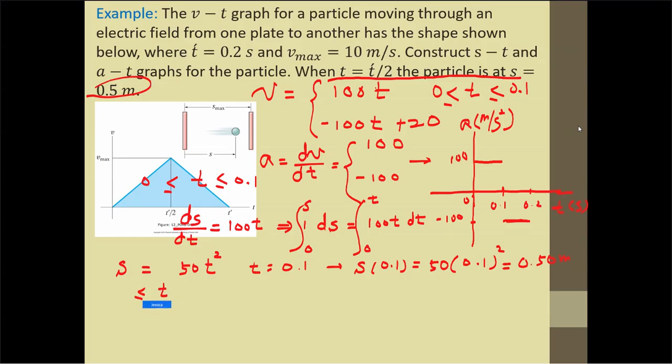t between 0.1 and 0.2 seconds, ds over dt equals negative 100t plus 20. Then again, separate the variables and solve for ds. ds equals negative 100t plus 20 dt.